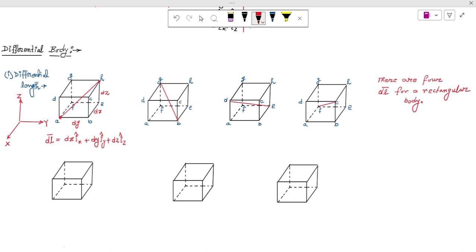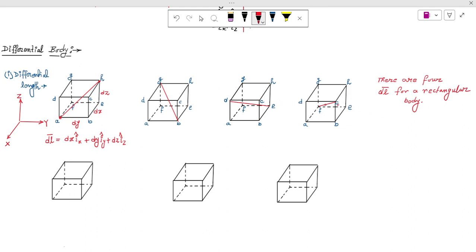Look here. Here we have mentioned differential length, and this differential length may be four, and I have already drawn this picture and you have already seen it.